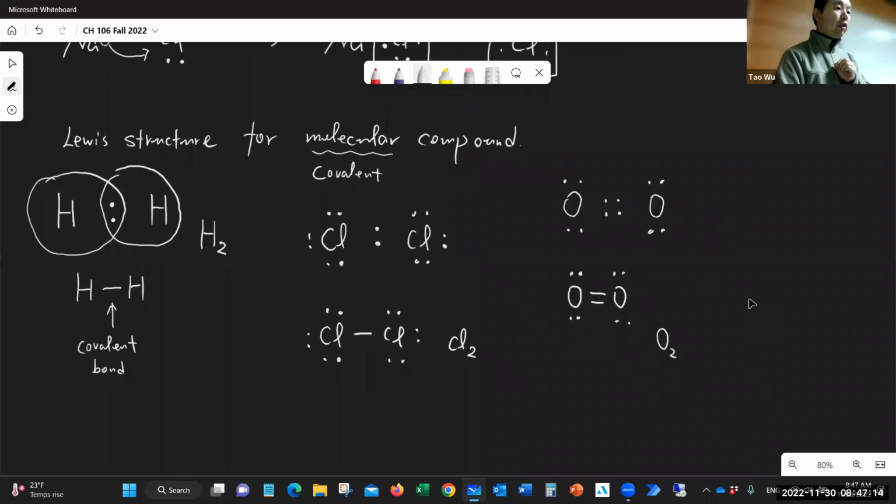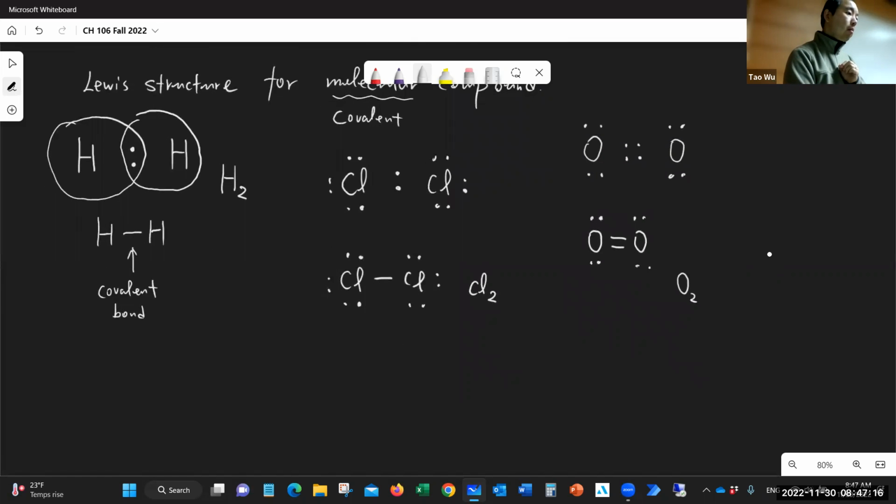One more thing, let's see how about nitrogen. This is one nitrogen, and this is another nitrogen. Based on the previous knowledge, each nitrogen has 3 single unpaired dots. They try to bond with another atom to make 8 electrons.